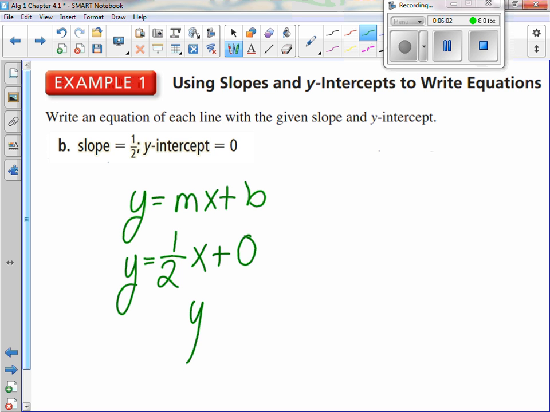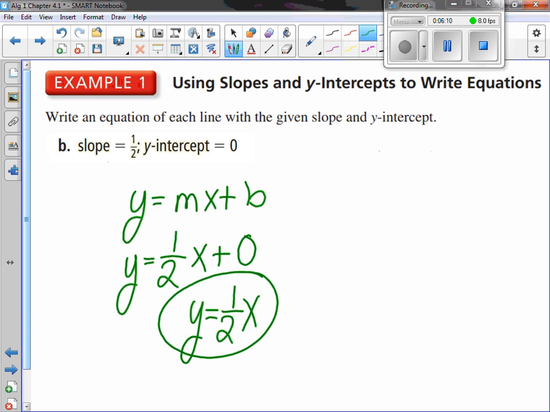But we don't normally write an equation as plus 0, so we can drop the plus 0, just leaving us with y equals 1/2 x. And that's it. Any questions on any of this? We ready for the next one?